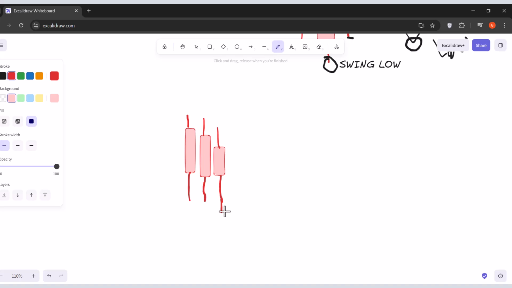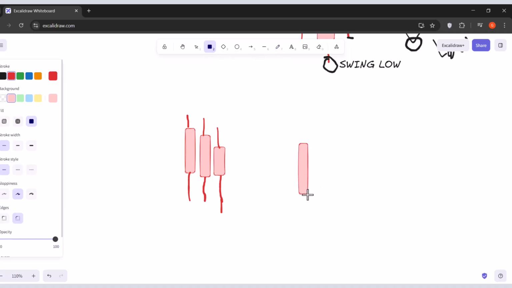I want you to understand one thing: when we are talking about swing high or swing low, it's basically like a three candlestick formation, whereby we have one candle over here, then there is another candle formation over here, which is taller than the first candle.